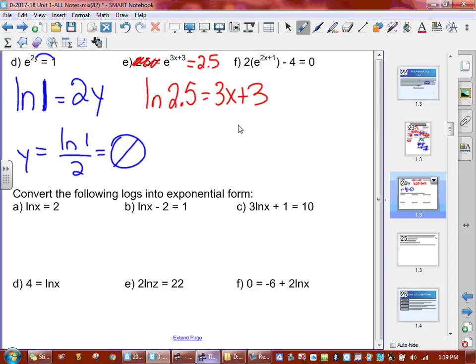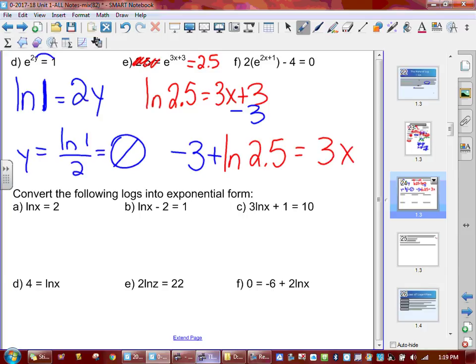Now remember, you're putting it out front. You're going to write it in front of the word ln, connect it with a plus sign. So we're going to have negative 3 plus ln 2.5 equals 3x.